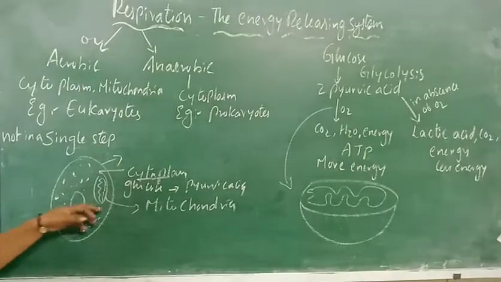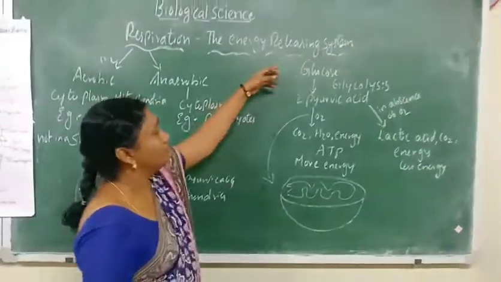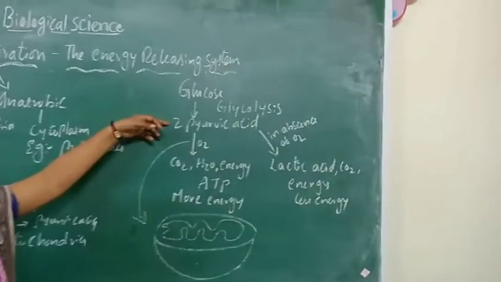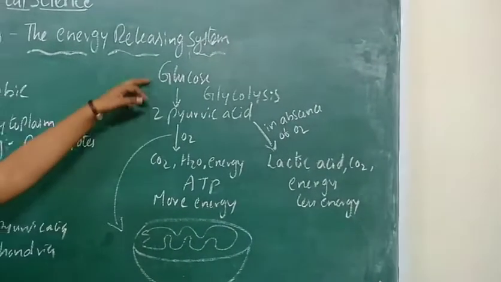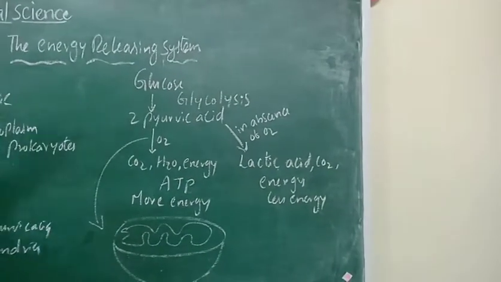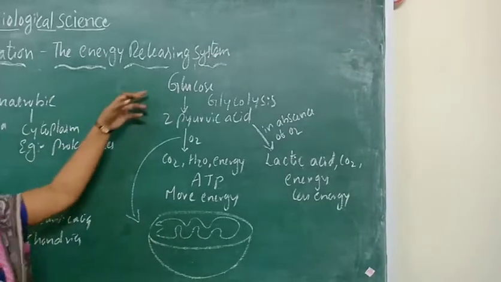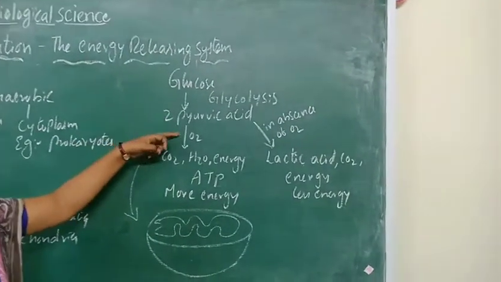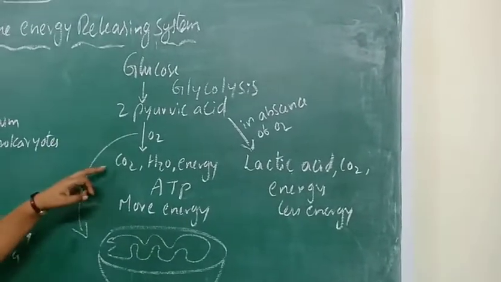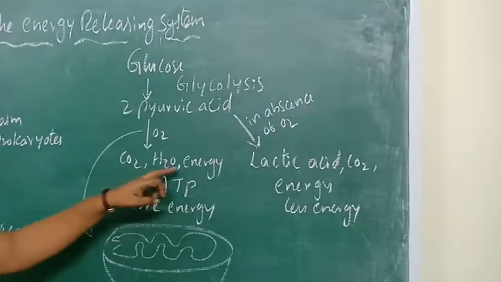Let's see this in the form of an equation. Glucose gets oxidized in the cytoplasm to convert into two molecules of pyruvic acid. This is the common step of respiration that we observe in both aerobic and anaerobic respiration. If the pyruvic acid molecule gets oxygen, it undergoes aerobic respiration to convert into carbon dioxide, water and energy.